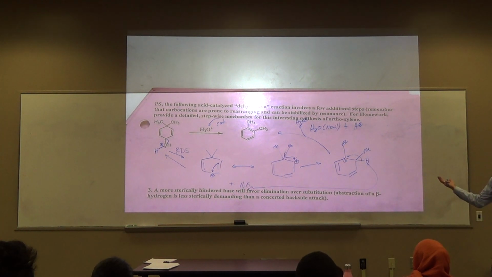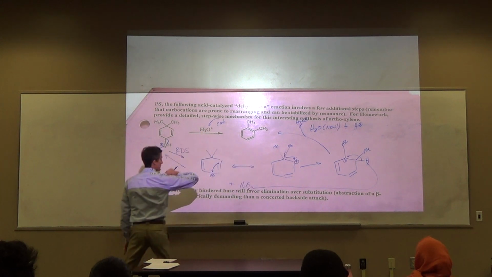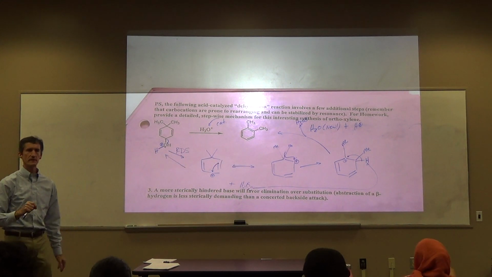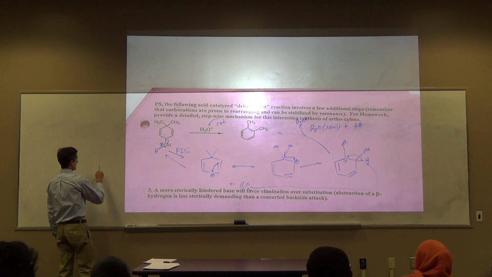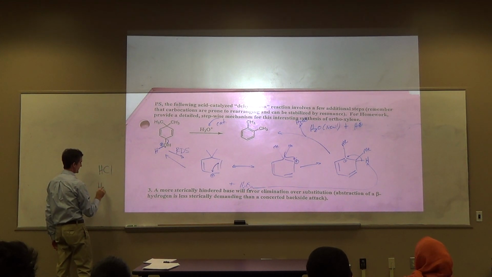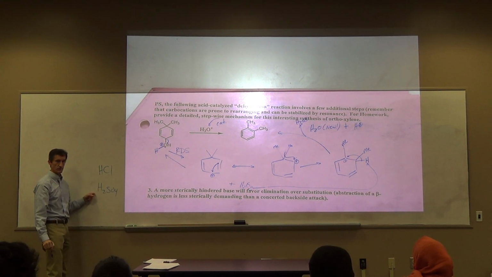And water is the only possible nucleophile here. It all depends on what acid you use. What acid would you use? You can't just say, hey, give me some H3O+. There's got to be a minus. Would you use HCl for this, or would you rather use maybe H2SO4? Why not HCl?